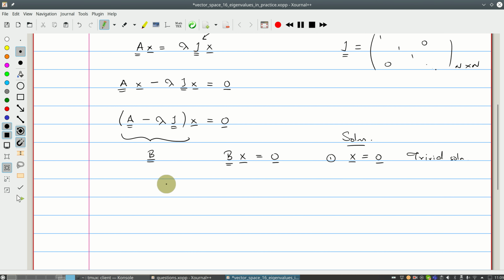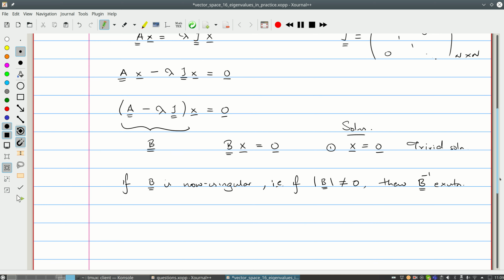Well, let's think about it. If B is non-singular, now what does that mean? I.e. if the determinant of B is not equal to 0, then the inverse of B exists. Remember, the inverse does not exist if the determinant is 0.